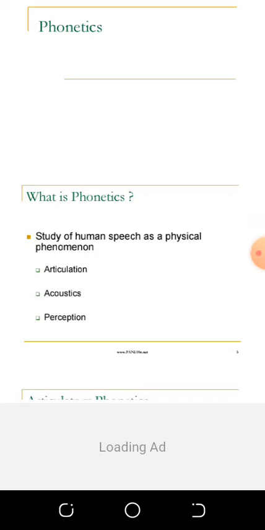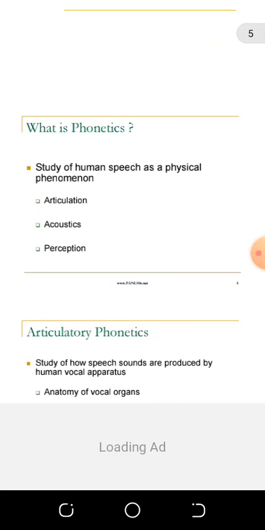It means that, like I am talking with you, delivering a lecture to you, the way in which I am conveying my meanings, my words, my thoughts, my ideas to you, this is what we call phonetics. Always remember that phonetics is divided into three further branches: articulation, acoustics, and perception.